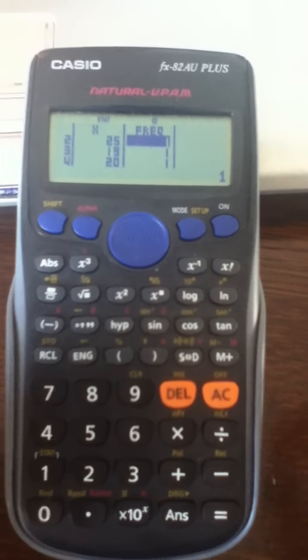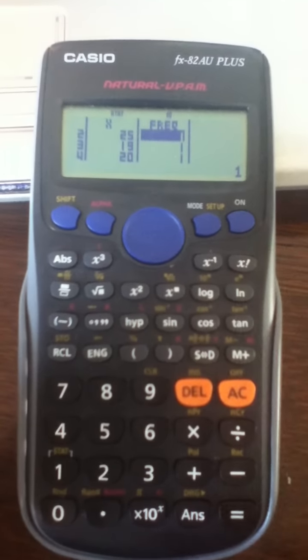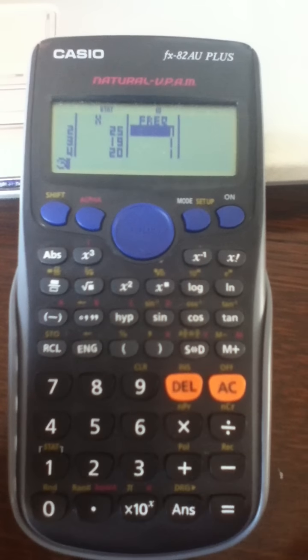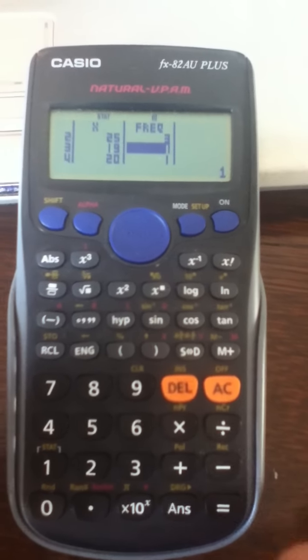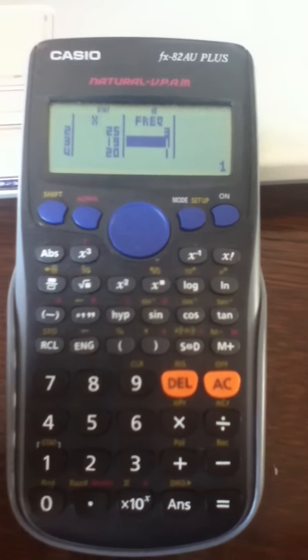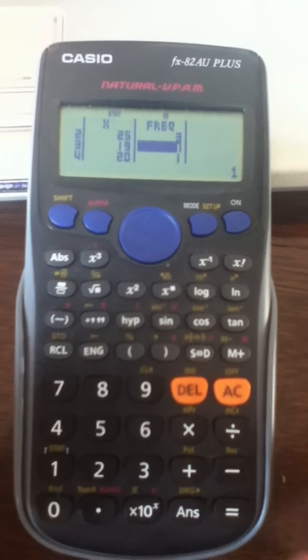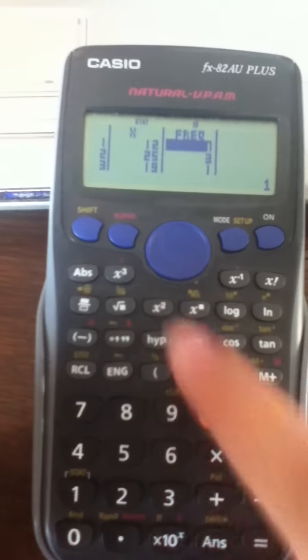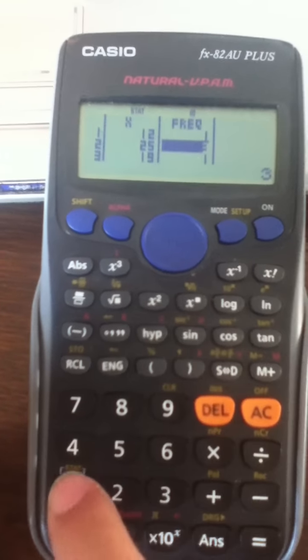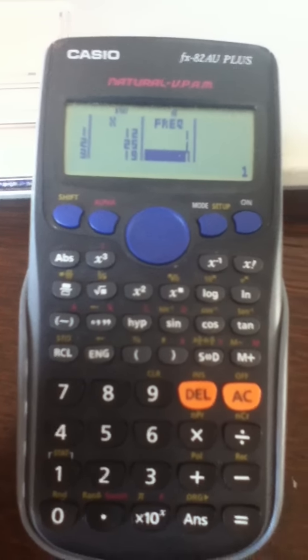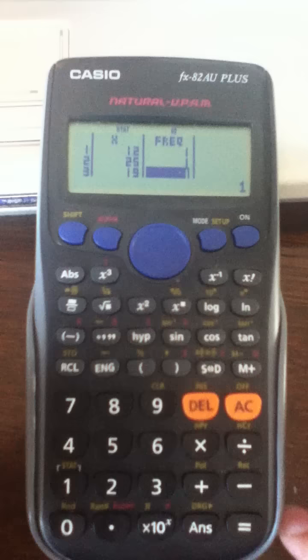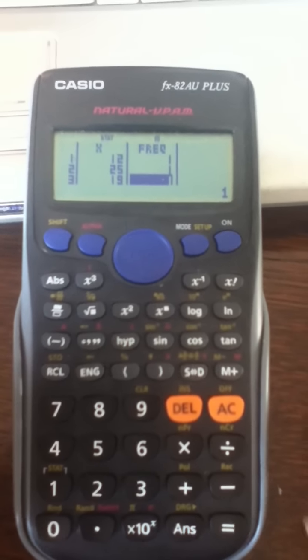To change the frequency you could just go up and across and then press 3 and equals. That means we've got a frequency of 3 for the score 25, three 25s. But in this case it's only 1, so we'll put 1 back again, equals.